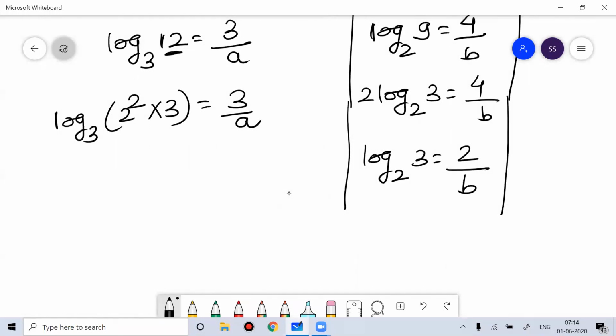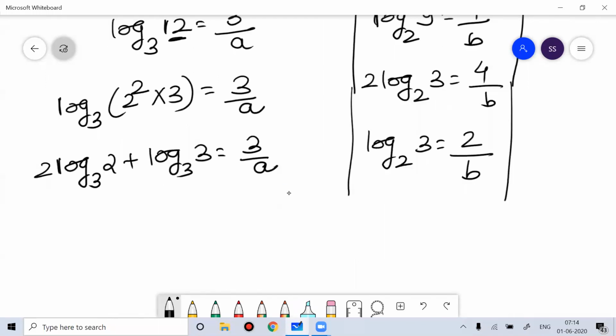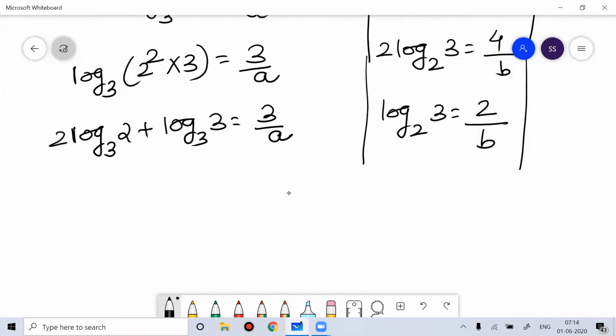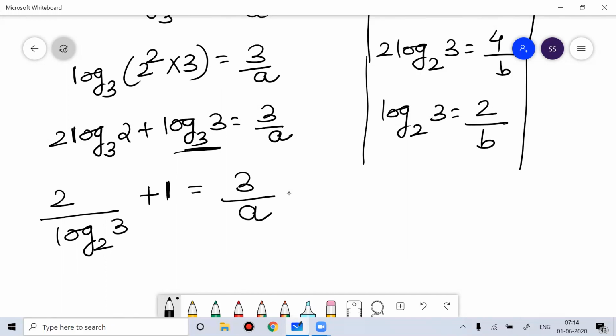So ultimately this will be 2 log base 3 of 2 plus log base 3 of 3 is equal to 3 by a. Fine. So this will be 1 only. This you can write as 2 divided by log base 2 of 3 plus 1 is equal to 3 by a.